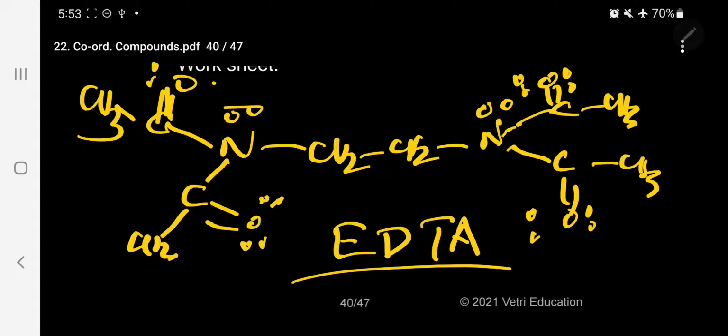Please follow. Here not only the 2 nitrogen atoms, but also the 4 oxygen atoms have lone pairs donating coordinate bonds. This is the structure. Now you can see the options. You can easily answer the question.